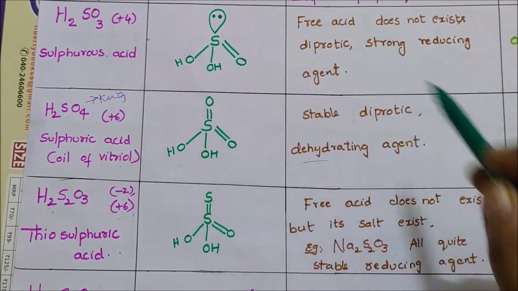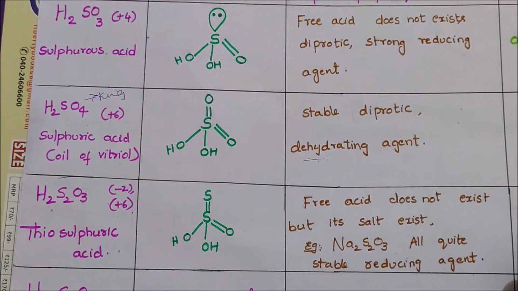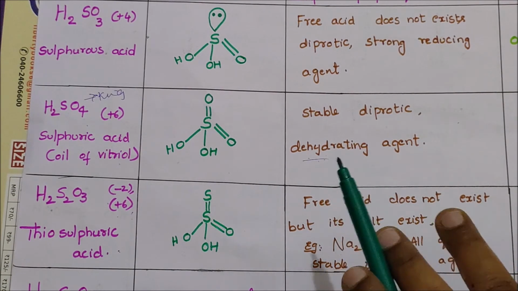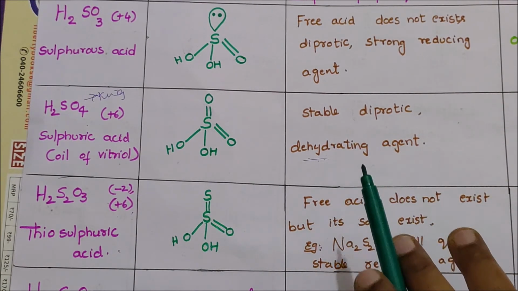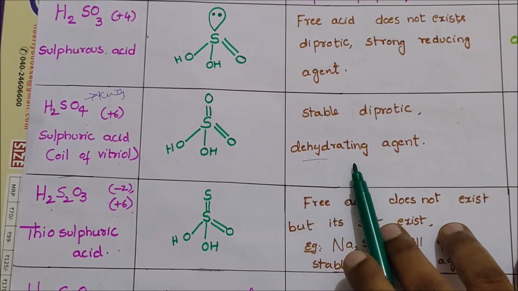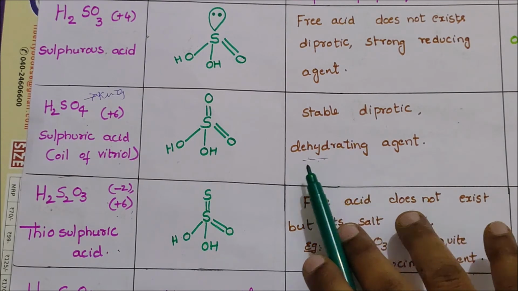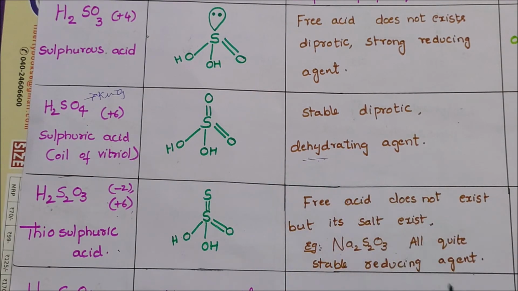The structure is like this. It is a stable diprotic acid and also a dehydrating agent. A dehydrating agent means any compound that reacts with H2SO4, it removes the water molecule. The process is called dehydration. So we call it a dehydrating agent.